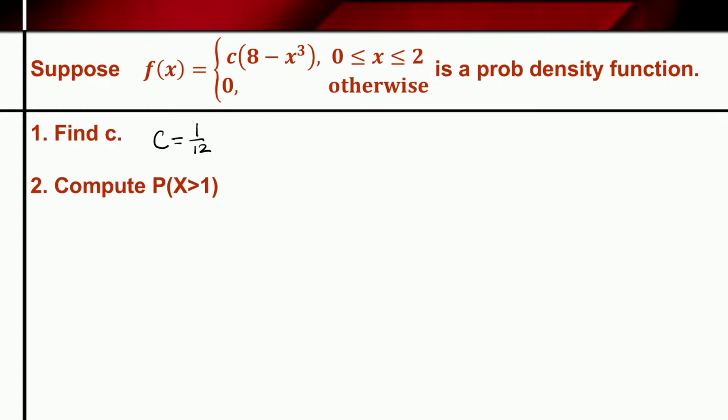Because it's a probability, it's going to be an integral. Alyssa, what's the integral that you're going to use to represent this? Integral of c times 8 minus x cubed dx. But what are the limits?